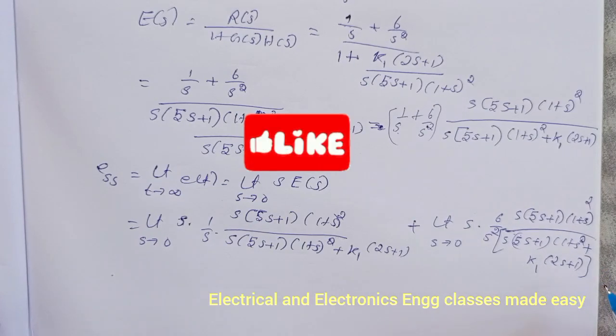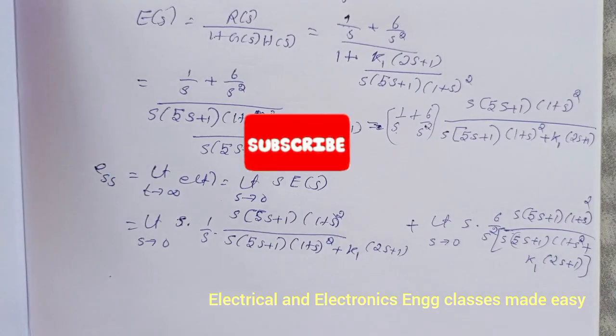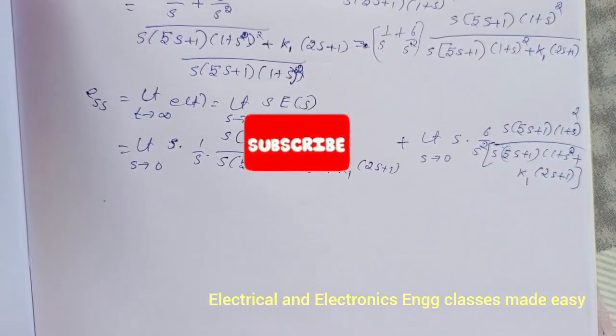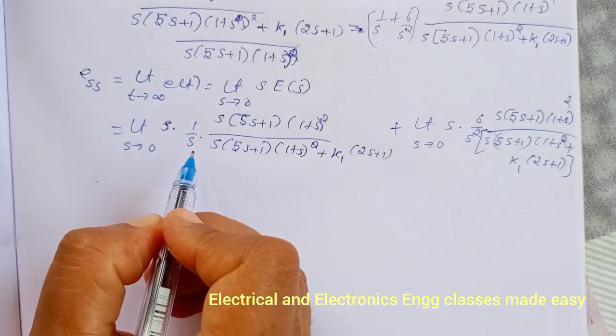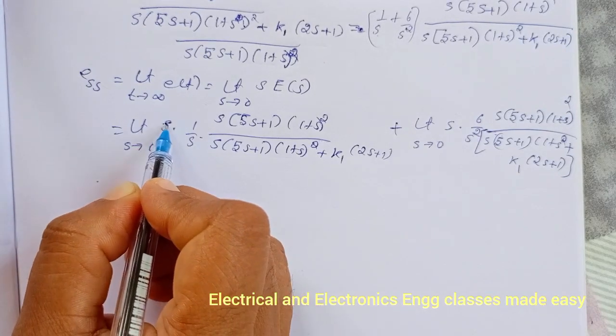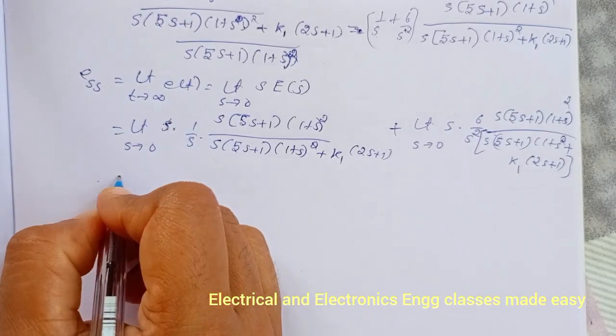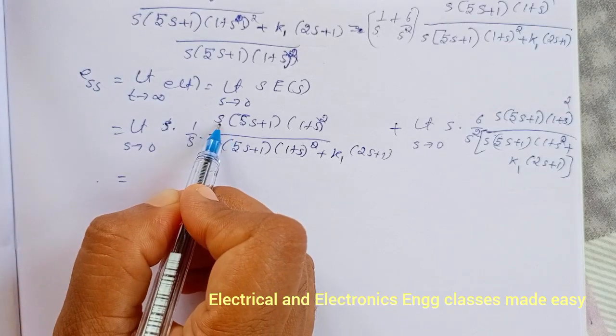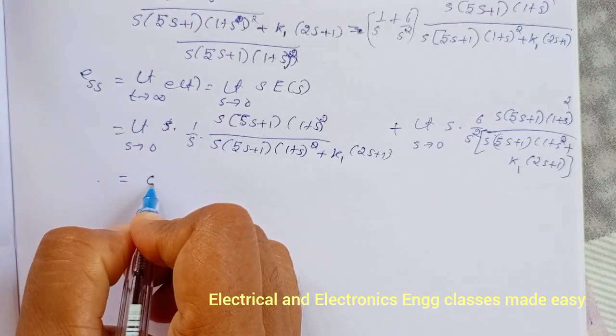Now we can apply the limit. Here we can cancel this s, and after applying the limit there is an s in the first term, so we get 0.